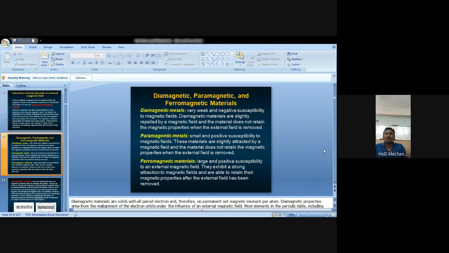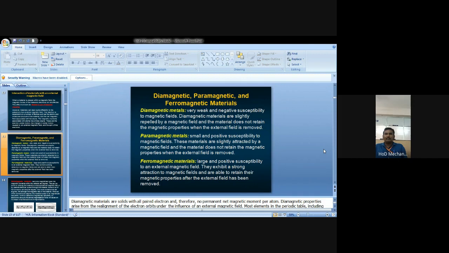It will act as a magnetic material with a highly positive susceptibility, because it gains magnetic property and also holds the magnetic property with a large positive susceptibility in the magnetic field.